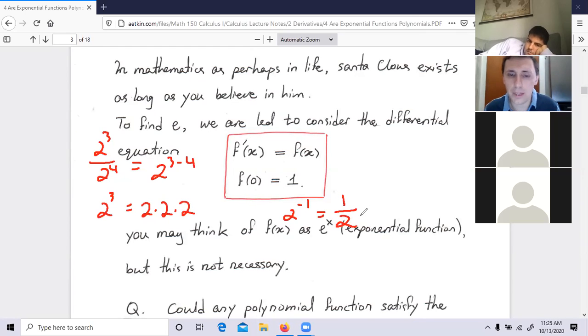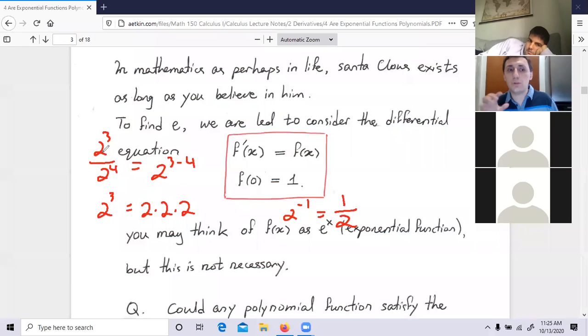It's just a way of bookkeeping. It's a code. 2 to the power of minus 1 means that some operation was carried out and 2 survived in the denominator. That's why this law is not arbitrary. You're trying to make the algebra of the powers work for all values. Make sense?